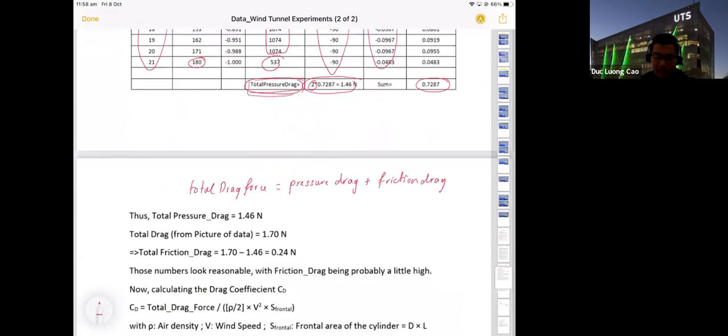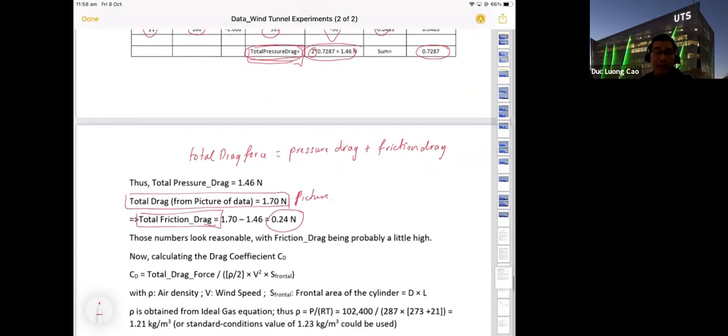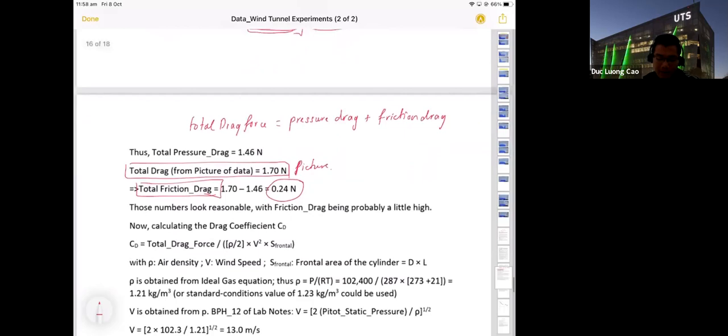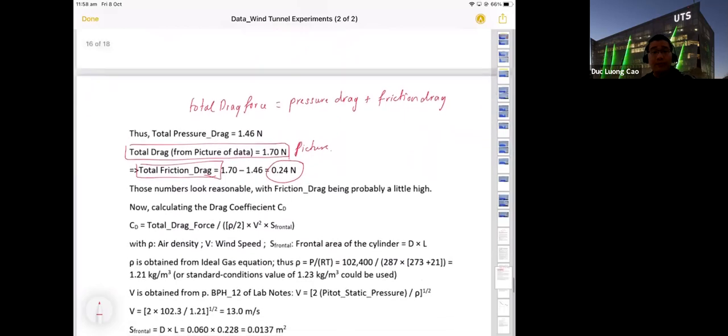Pressure drag you have from the table here. Total drag is what you have from the figure, the picture. So you will have the friction drag. Friction drag equals total drag minus pressure drag. That is steps 1 to 3. Okay, to here you finish step 3.